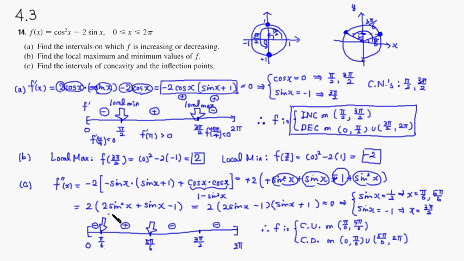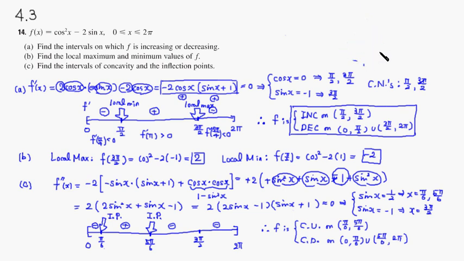So there will be an inflection point there and another inflection point over here. So let's find the inflection points. I need the room here, so I'm going to go up here, erase this and try to find this. So this is the inflection point. All I have to do is find the corresponding y value.